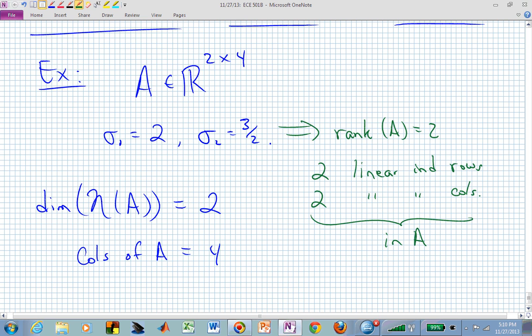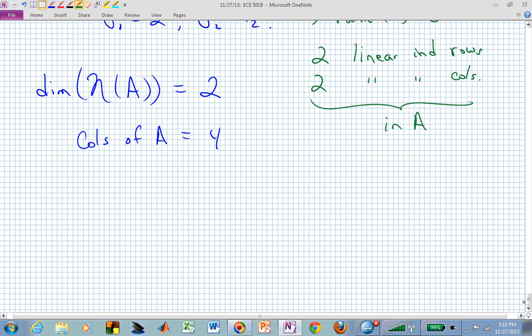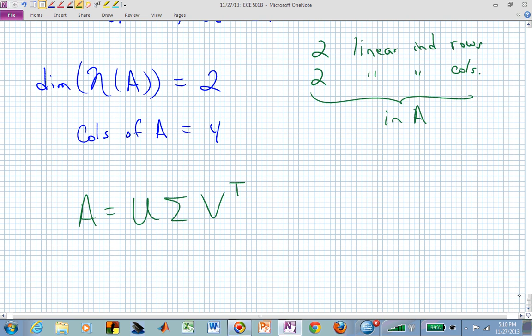If we know we have 2 linearly independent columns, now we start to know how this U sigma V is partitioned. If I said, okay, here is our matrix A, it's now U sigma V transpose.